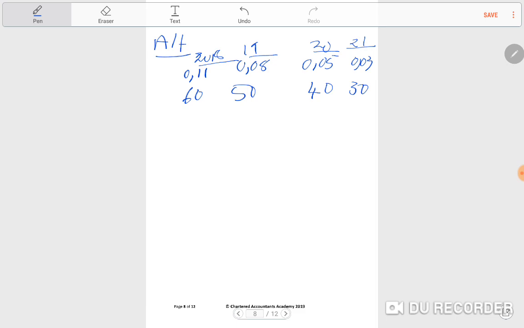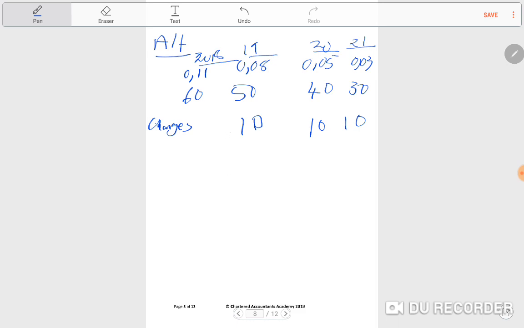So we are interested in the changes. So the changes from 60 to 50, this means that it's going to be an inflow of 10, and here it's going to be another inflow of 10 and another inflow of 10. So these changes are the ones you're going to take to our cash flow calculation.